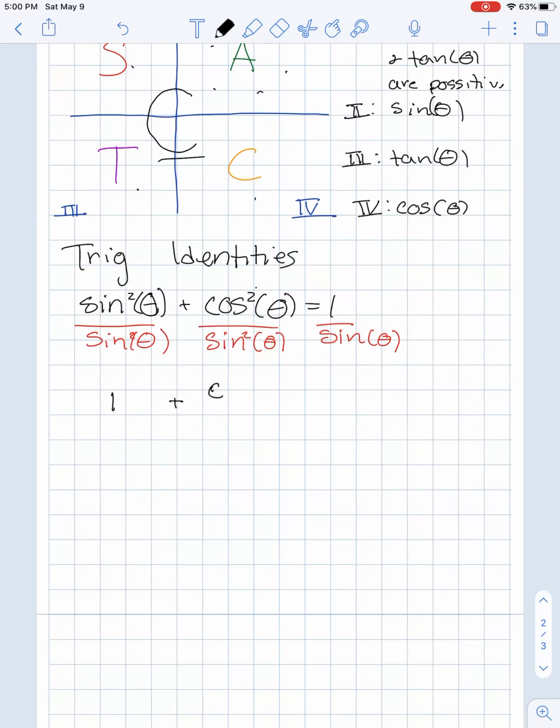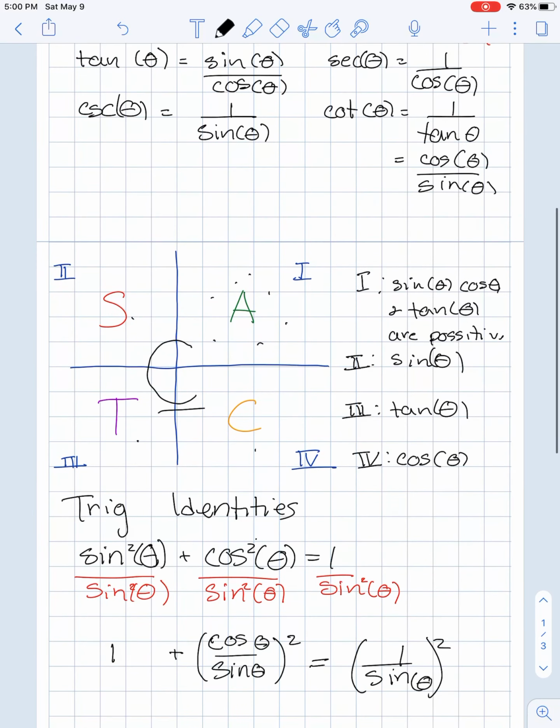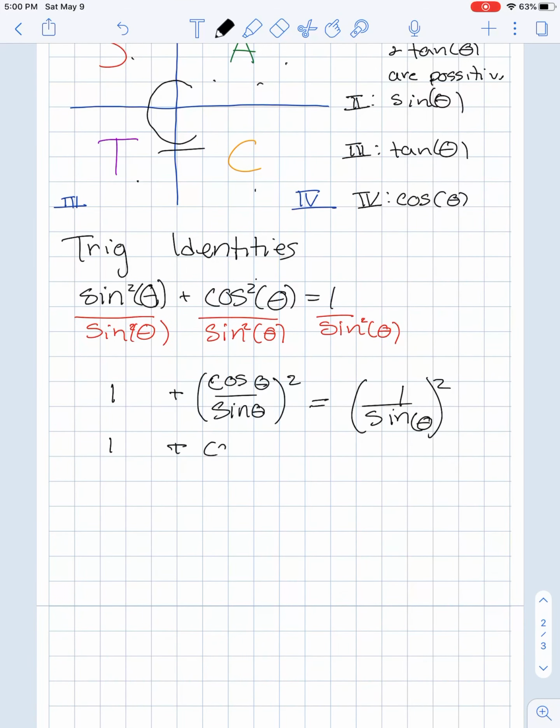And then cosine squared over sine squared, we can write as cosine theta divided by sine theta, squared, plus 1 divided by sine theta squared as well. And I forgot a squared. So scroll back up here. Well, I know cotangent is cosine divided by sine, and 1 over sine is cosecant. So then I get that 1 plus cotangent squared of theta equals cosecant squared theta.